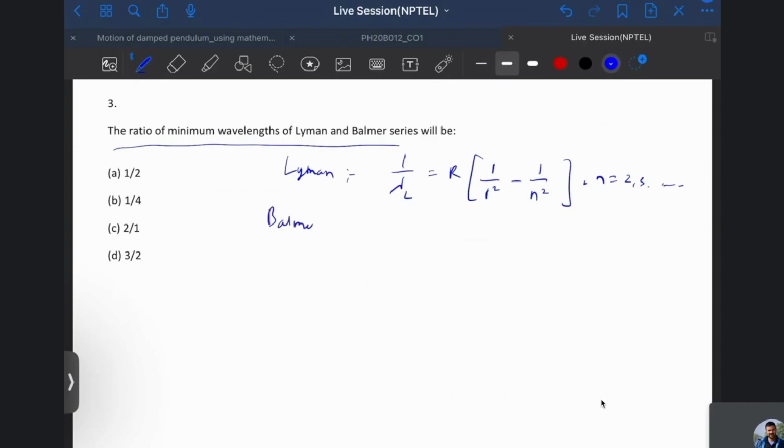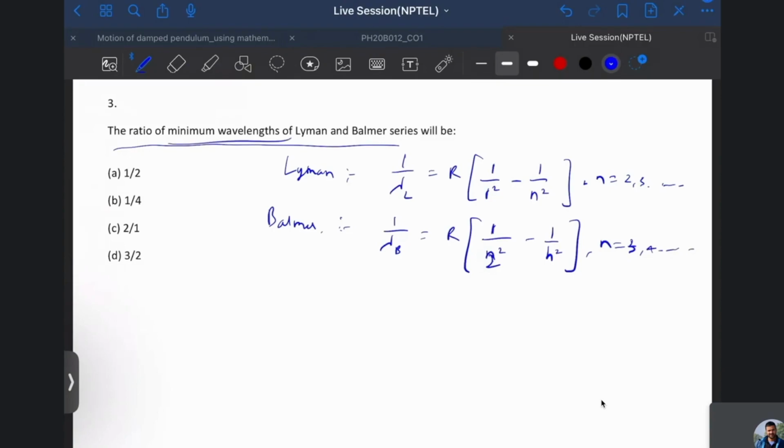And for Balmer, we have the final state as n equal to 2, so 1 by 2 square minus 1 by n square, where n is 3, 4, and so on. Now we need the minimum wavelength.